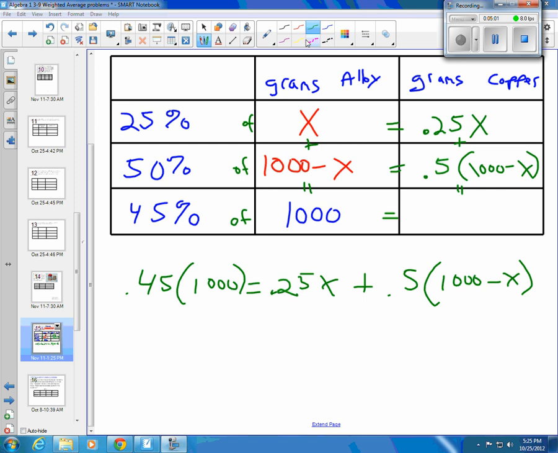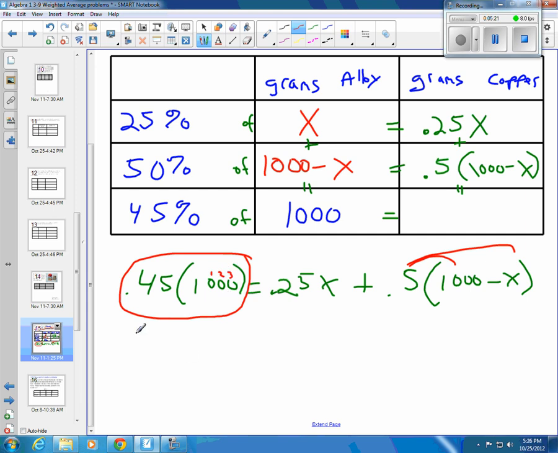So we need to solve our equation. We've got a distributive property to do first. So I'm going to distribute my 0.5. And I'm probably going to multiply this side also because that has no effect on my end and I don't need to do it in 2 steps. So 0.45 times 1,000, when you're multiplying by 1,000, there's 1, 2, 3 zeros. So we're going to move our decimal 3 places. 1, 2, and 1 more.